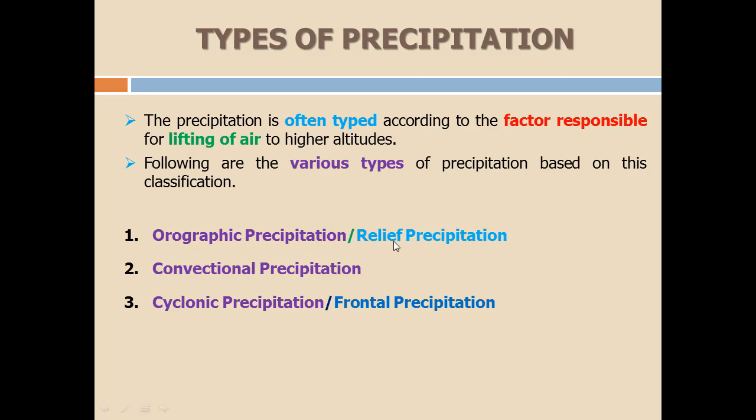Number one is orographic precipitation, also known as relief precipitation. Number two is convectional precipitation, and number three is cyclonic precipitation, also termed frontal precipitation. Orograph means mountain or hill. Convection, the convection process. Cyclone, you also know, a low pressure area. And fronts we have also discussed in the second lecture.